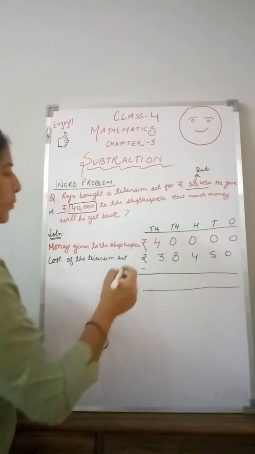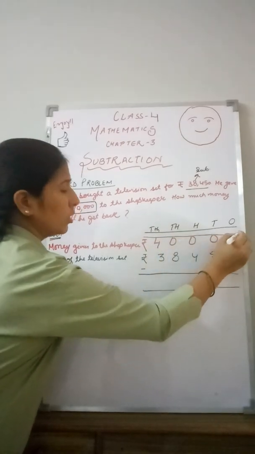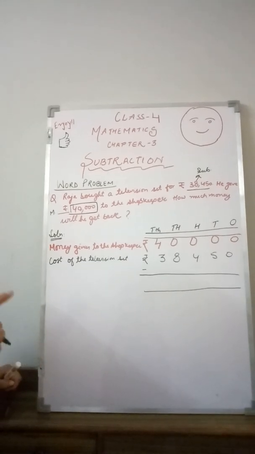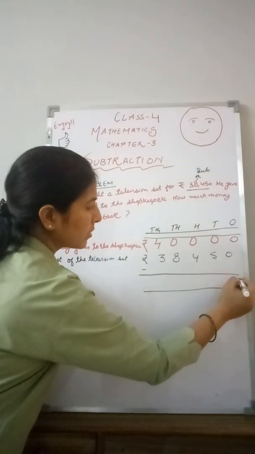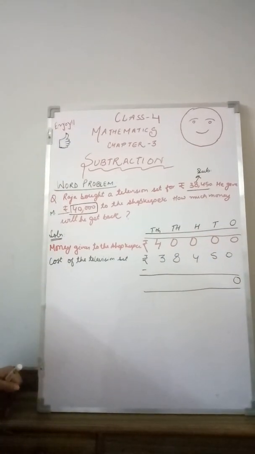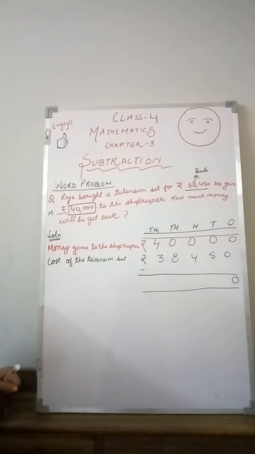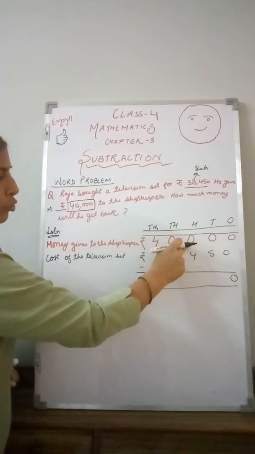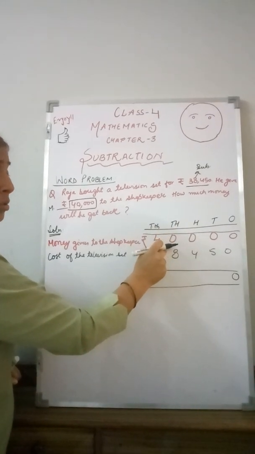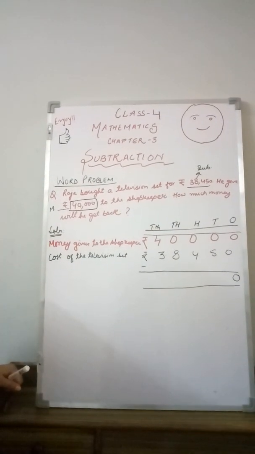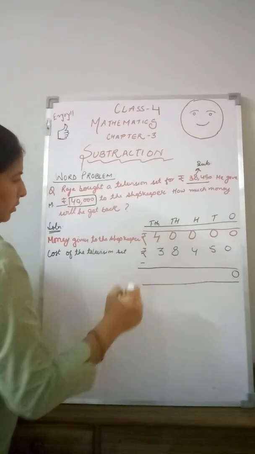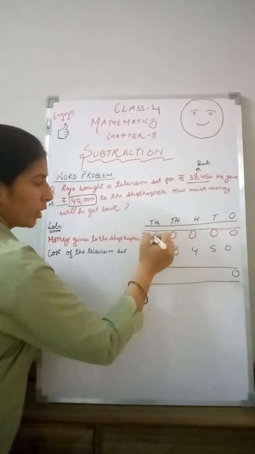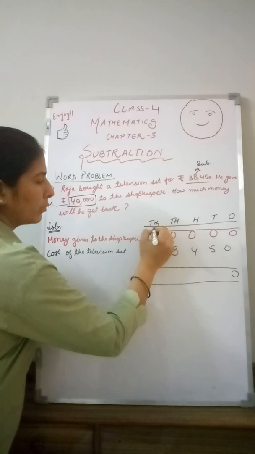Now we start the subtraction. 0 minus 0: as we have already seen in the property, the same number subtracted from the same number, the answer is 0. So here the answer is 0. Now come to the tens place. Here 0 and 5, so 0 is not able to subtract 5. It takes help from the hundreds place, but that is 0 too, so it cannot help. The thousands place also has 0, so let's move to the ten-thousands place. The ten-thousands place has 4, so it starts helping. It gives 1, and now it becomes 3 here.